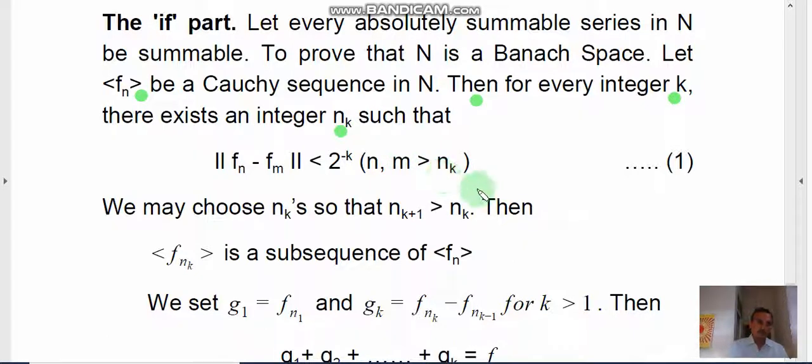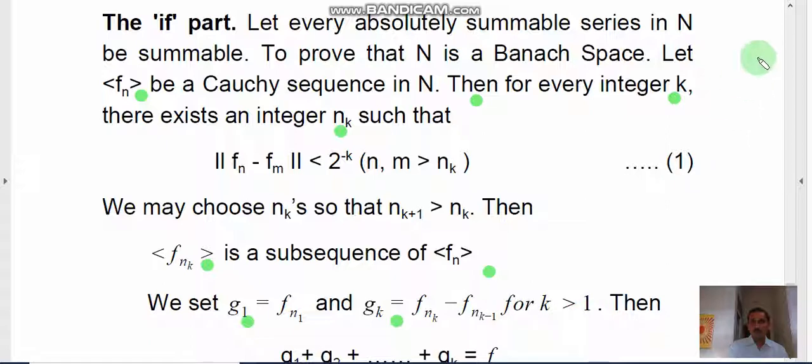So we may choose nk such that nk plus 1 is greater than nk, and then we are considering a subsequence Fnk of the Fn. We set G1 equal to Fn1, and Gk equal to Fnk minus Fnk minus 1 for k greater than 1.